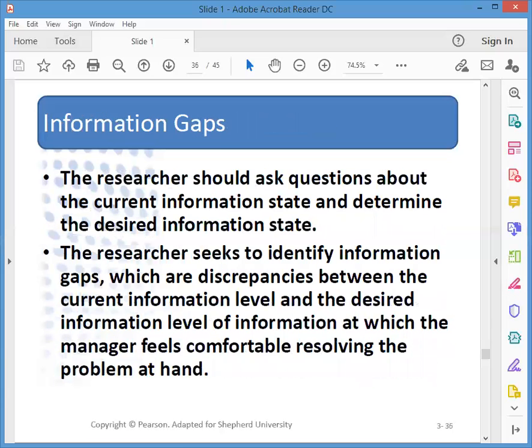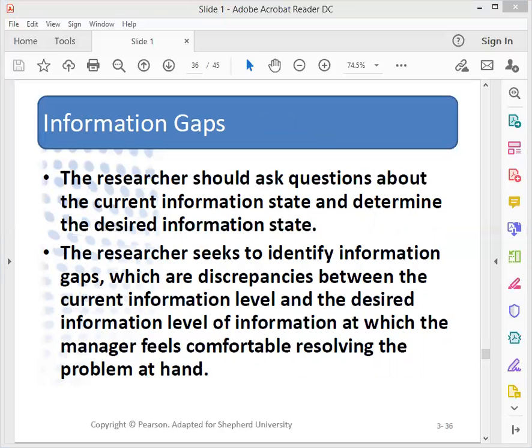So the researcher asks questions about the current state of information and determines the desired state. If there's a discrepancy between the current information level and the desired information level, then we have an information gap. Ultimately, information gaps are the basis for establishing research objectives.